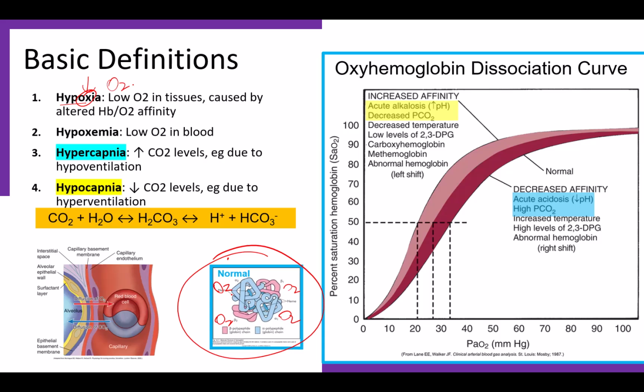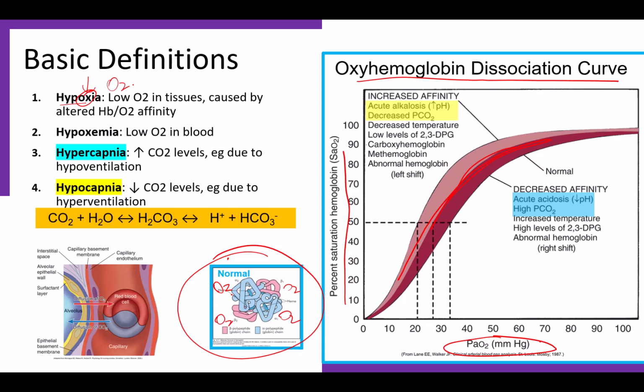So if we look at the oxyhemoglobin dissociation curve over here, you can see that this curve is the normal oxyhemoglobin dissociation curve, right? Where you have the partial pressure of oxygen and its relationship to the saturation of hemoglobin to oxygen.